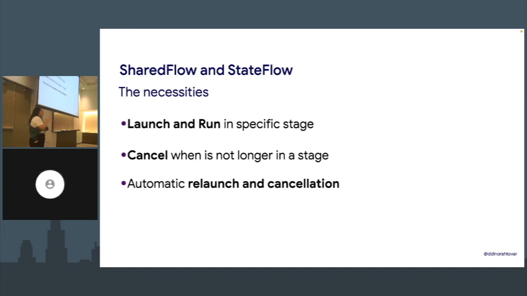You want a flow that can be launched and run in some specific scenarios, and you want to cancel it when it's no longer on the stage. So if you go on destroy, on pause, you just cancel it, and you're ready to go. And obviously, you want an automatic relaunch and cancellation. There's a way to do it.